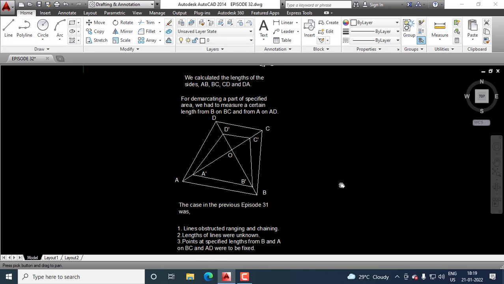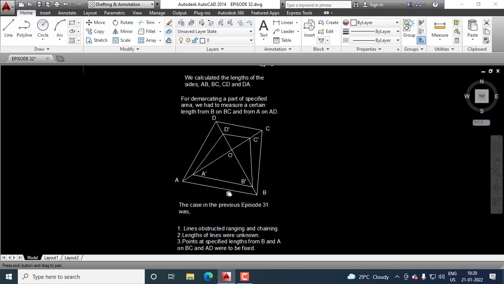The case in the previous episode 31 was lines obstructed ranging and chaining. In the previous episode, these lines obstructed ranging and chaining, and in this episode also these lines obstruct ranging and chaining. Second point is lengths of the lines were unknown.